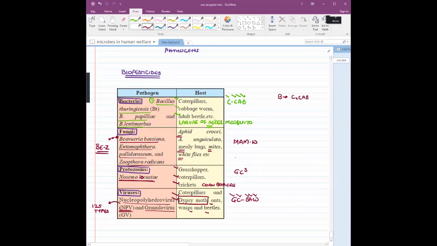If you are talking about fungi, you remember BZ ma'am W. If you are talking about Nosema locustae, you are talking about GC3, but here that G is your grasshopper, not your gypsy moths. And finally, for your NPV or granulovirus, it is going to be GC bow. Try remembering this way, guys, and you will see that it makes things really easy.